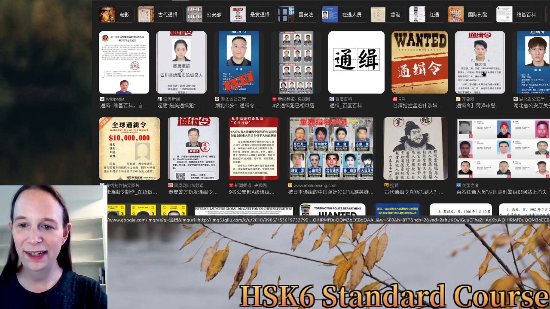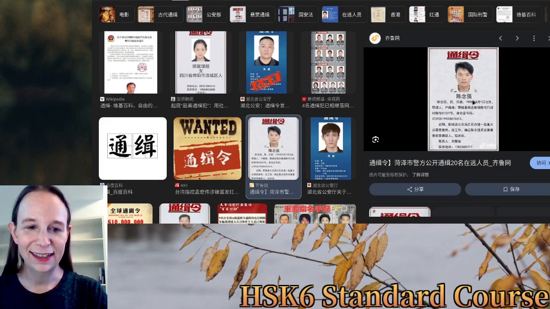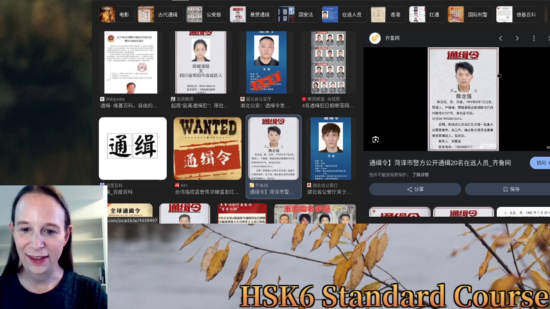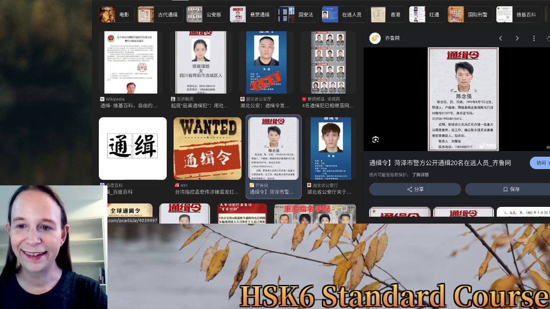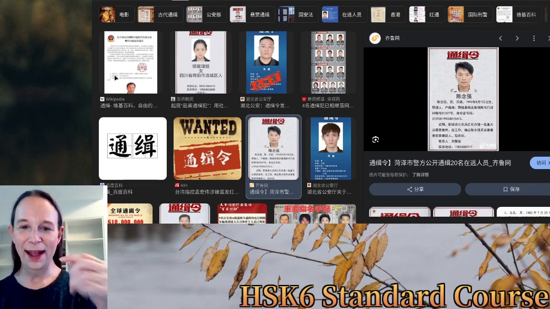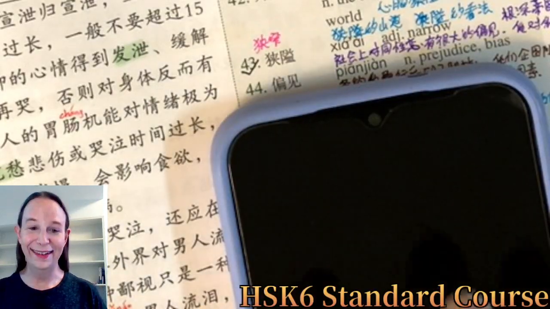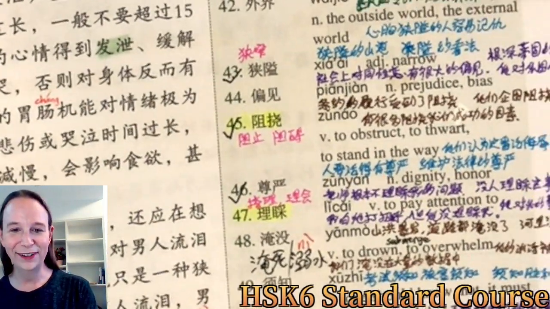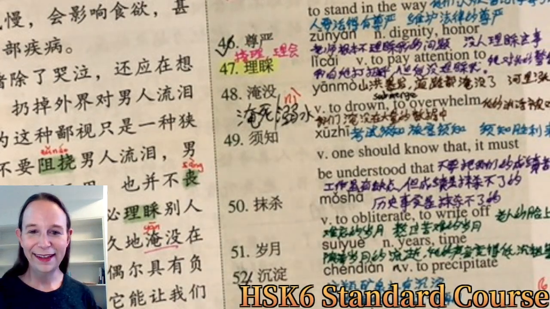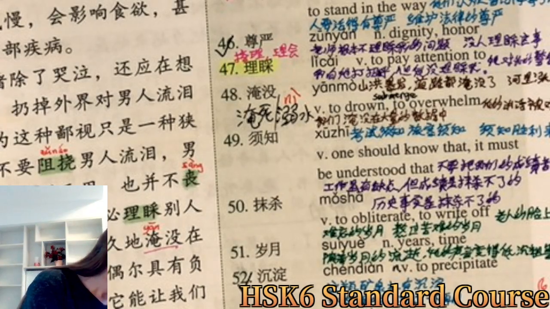Maybe just arrest warrant. 陈念强. Okay, so they want to arrest 陈念强. All right, you get the idea. Maybe I shouldn't do this because these are perhaps like genuinely criminals. I don't know if there's an arrest warrant for 陈念强. Maybe it's not good to talk about him too much publicly.